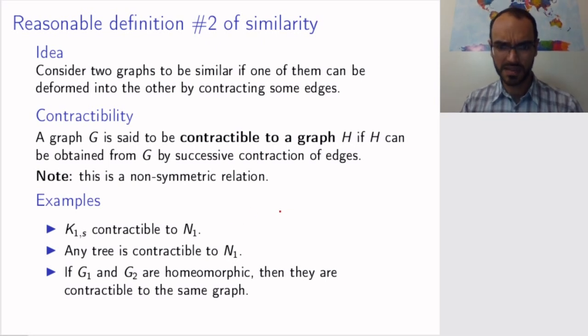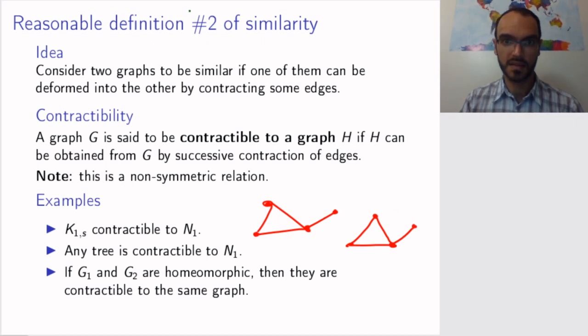So why is that? Well, if I have my 2 homeomorphic graphs, let's look at our old friends, this one and this one, and say this one has 2 vertices here and this one has 3 vertices here.